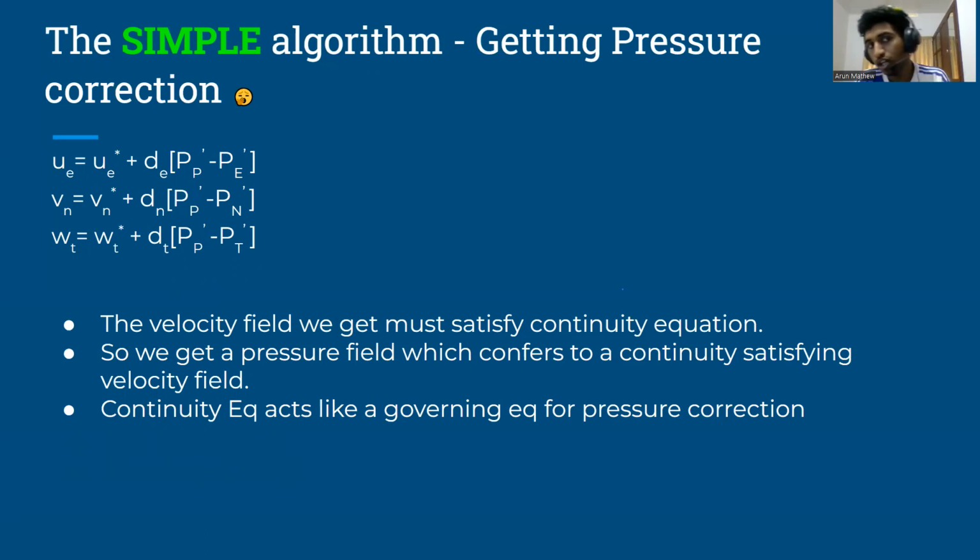So when we get a velocity field which satisfies the continuity equation, we will get a pressure field which conforms to a continuity-equation-satisfying velocity field. So the continuity equation acts like a governing equation for pressure correction. Hope you understood that.